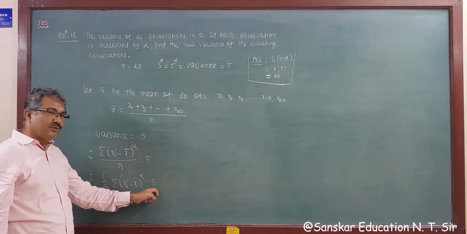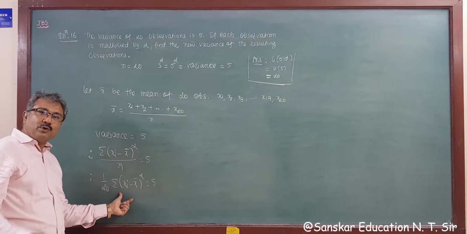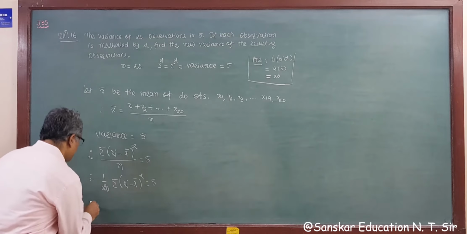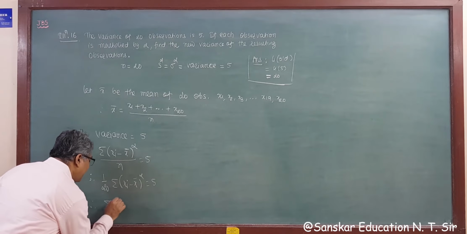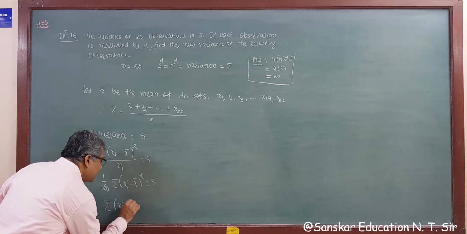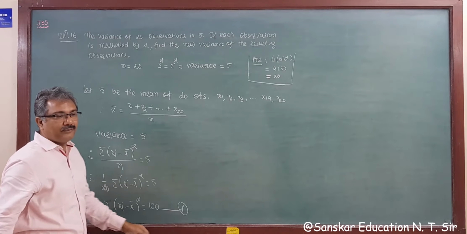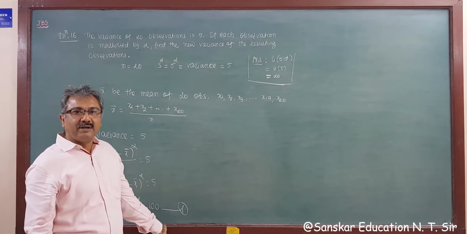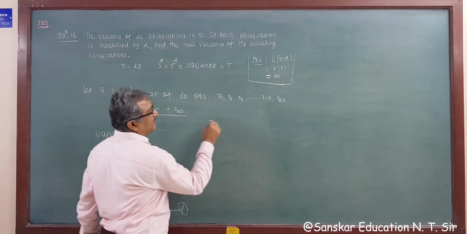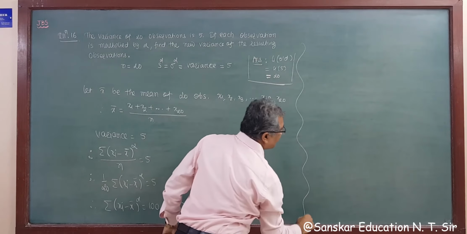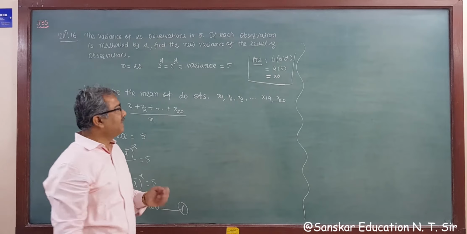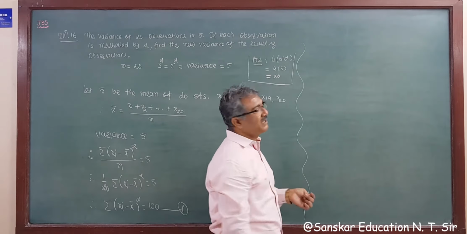So sigma of xi minus x bar whole square becomes 100. This is result number 1.